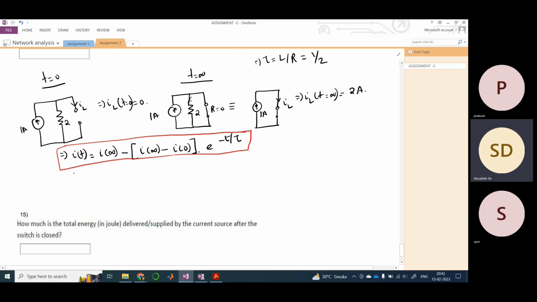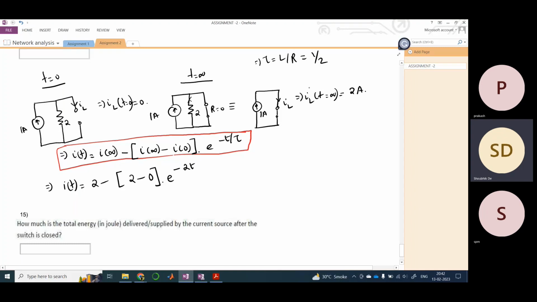So here you just need to substitute all the parameters. So I of infinity was what, 2 ampere, right? Because I of infinity is... time, and I of 0 means I L at t equals 0, right? So this is 0 again, t by 1 by 2, so 2t basically.